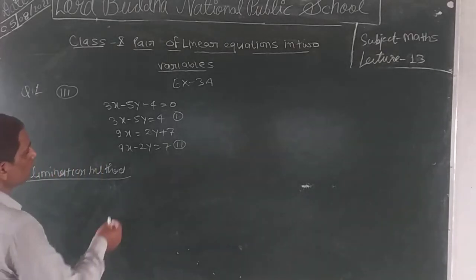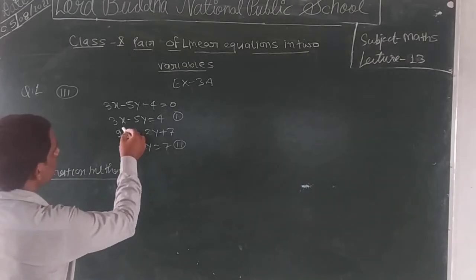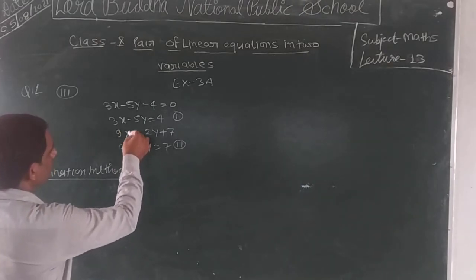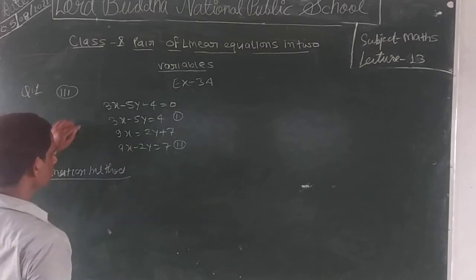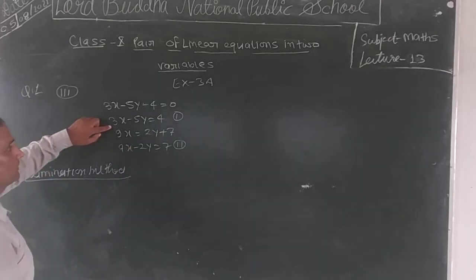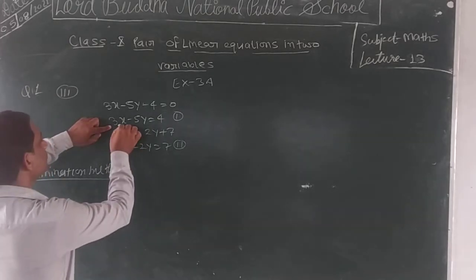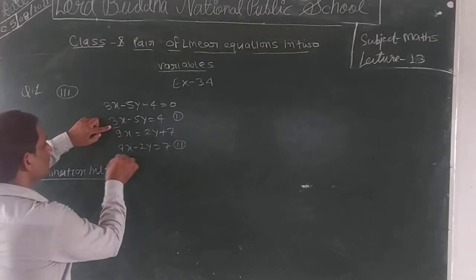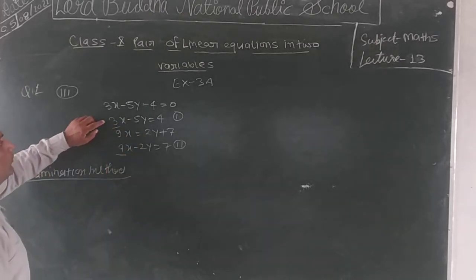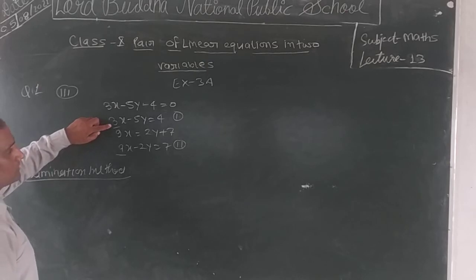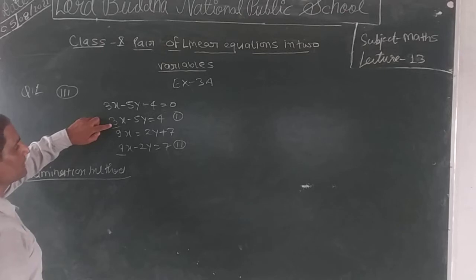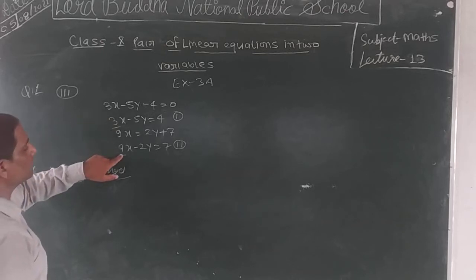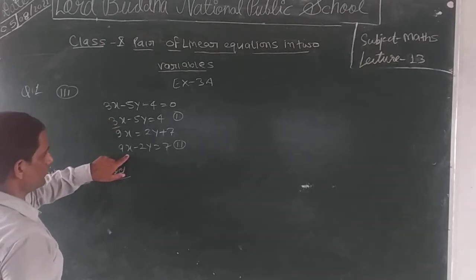Here I want to eliminate the variable x. The coefficient of x in the first equation is 3 and in the second equation is 9. If we multiply equation first by 3, then the coefficient of x will be the same as in the second equation.